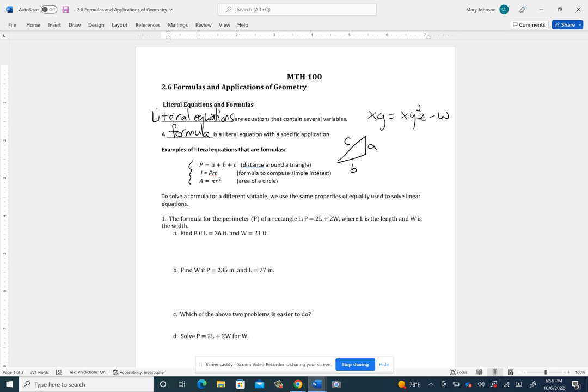And then I put the area of a circle. Those are examples of literal equations that are actually formulas.